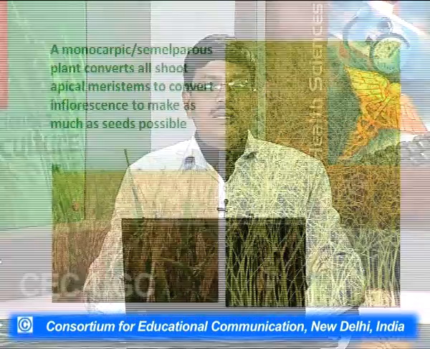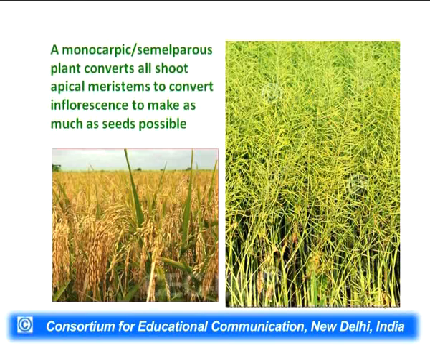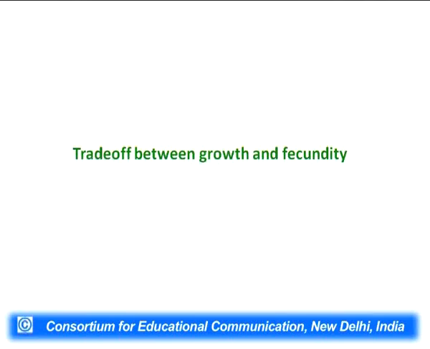This is the advantage of the semelparous over the iteroparous. Like you can see here, in rice stalks or mustard, the entire metabolic energy, from the root to all the leaves, is diverted into reproduction. So each and every semelparous plant gives rise to as many offspring as possible, so the production is maximized.